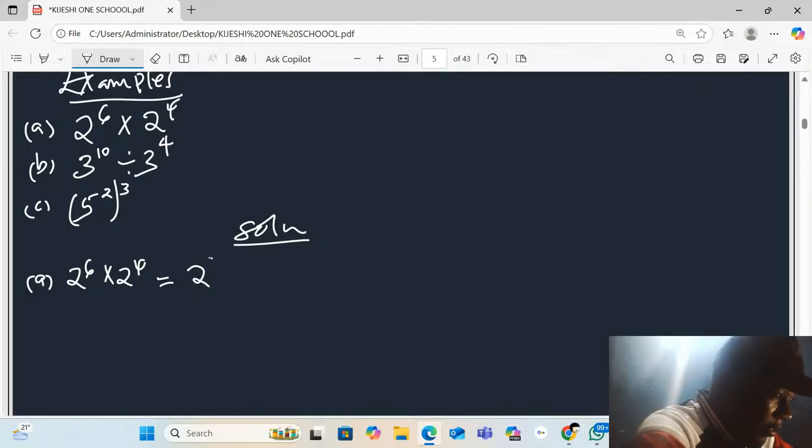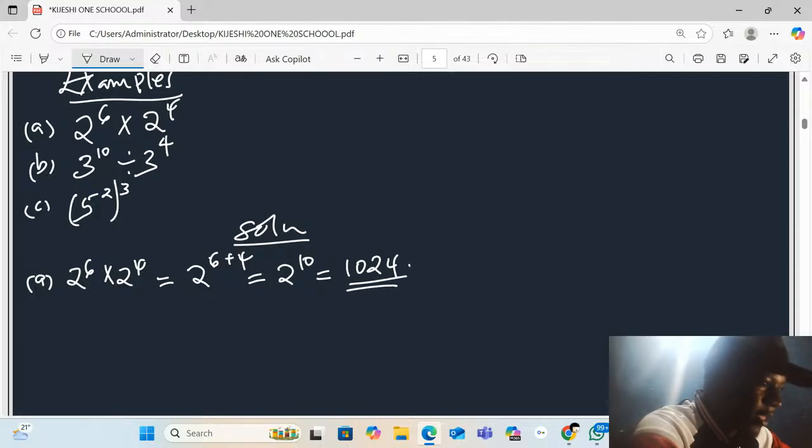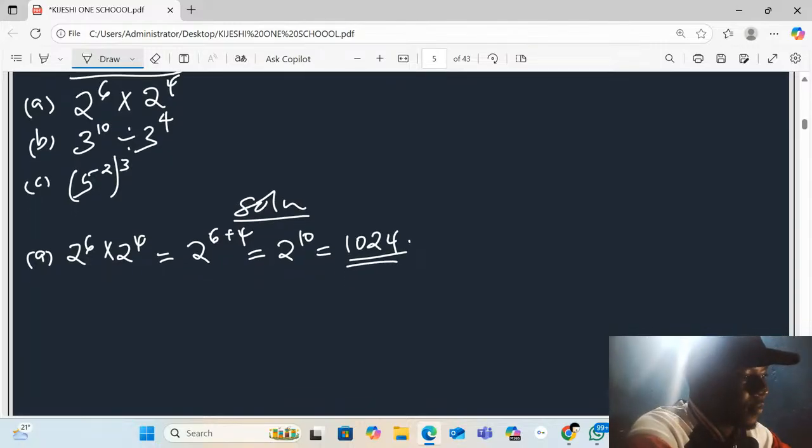And the powers is 6 plus 4. Therefore, our answer is going to be 2 power 10. And what is 2 power 10? 2 power 10 is equal to 1024. That one becomes your answer for that.